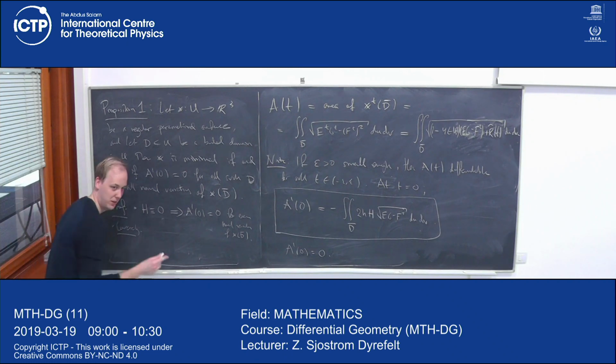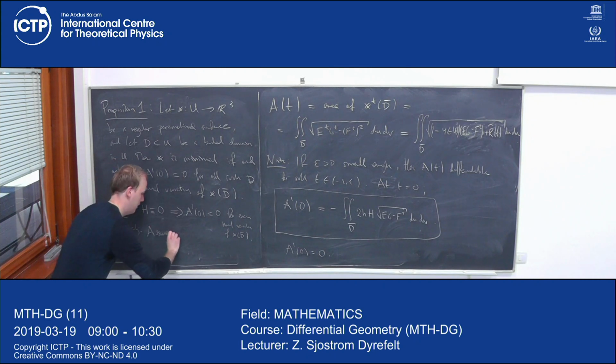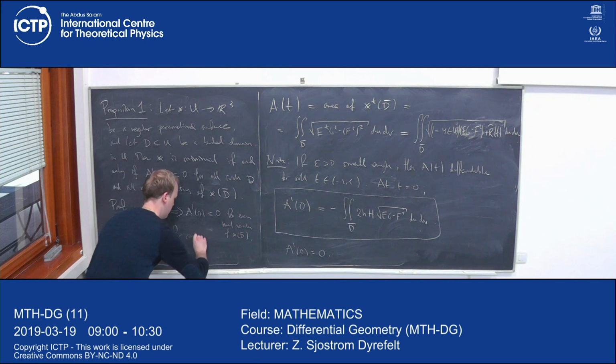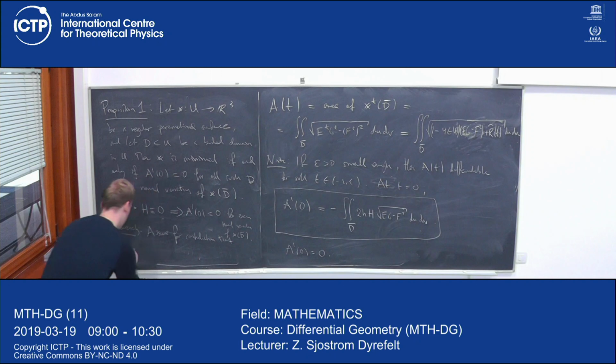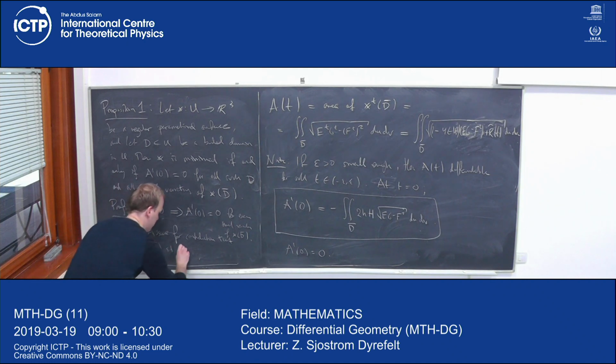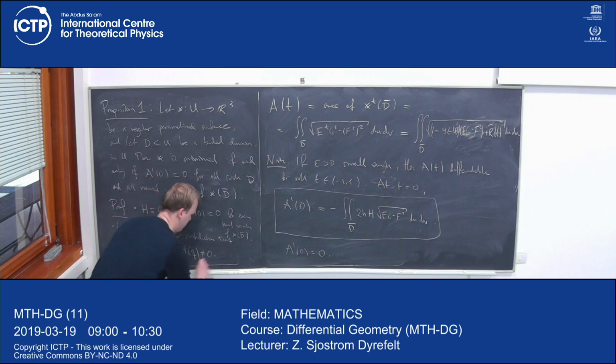So assume, I mean, this is going to be along the lines of what all of you said, right? So assume, for contradiction, that there exists a Q in our surface, so it's Q bar, such that H of Q, let me write it this way, is not 0.